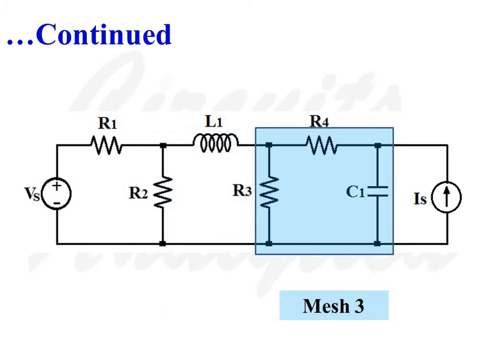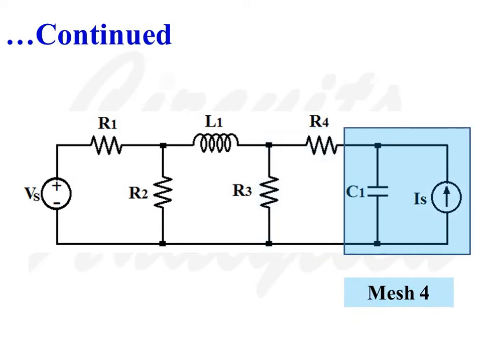This is mesh number 3, which consists of 2 resistors and 1 capacitor. And this is mesh number 4, which consists of 1 capacitor and 1 current source. For each of these mesh, we can define the mesh current, which is usually assumed in the clockwise direction.